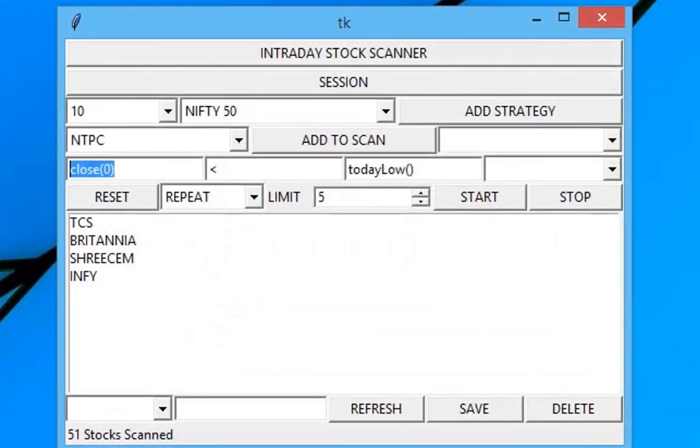Next, we are going to scan stocks which are closing day high. This will help us to find the stocks before breakout. Now I am adding condition.